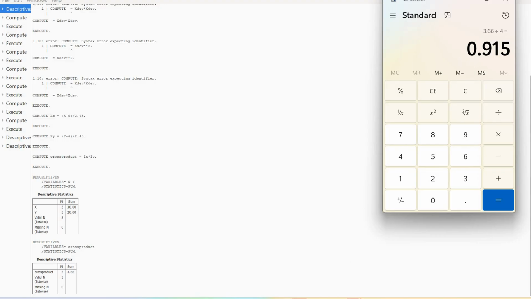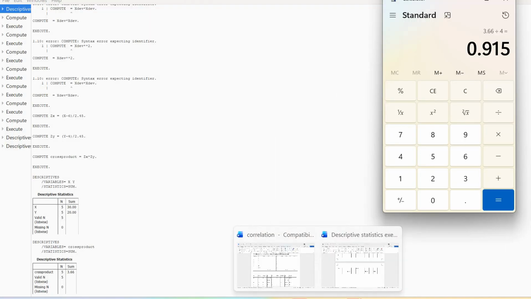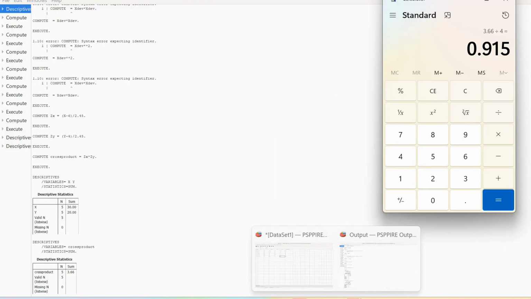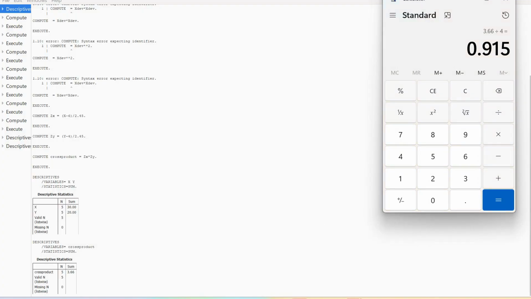This is a correlation coefficient. I calculated using the old-fashioned way, the slow way. 0.915, the conceptual formula which we discussed in class.